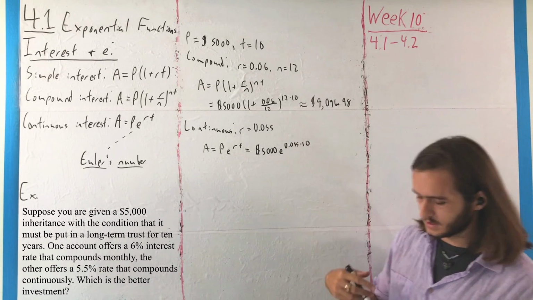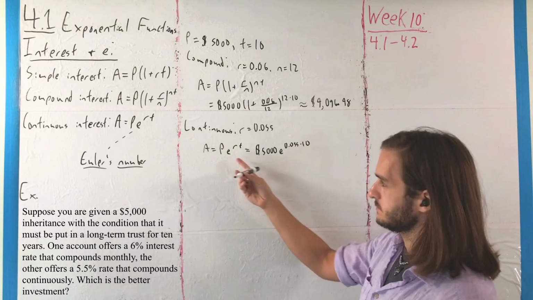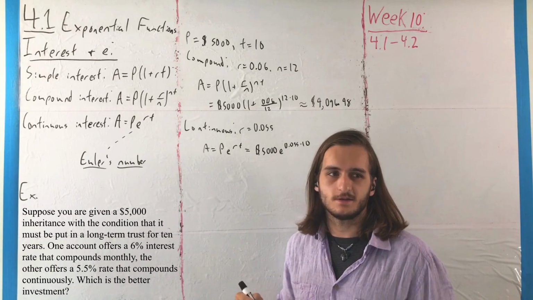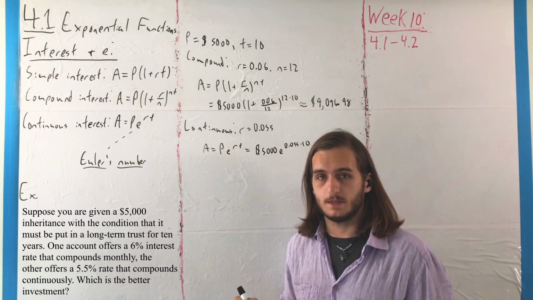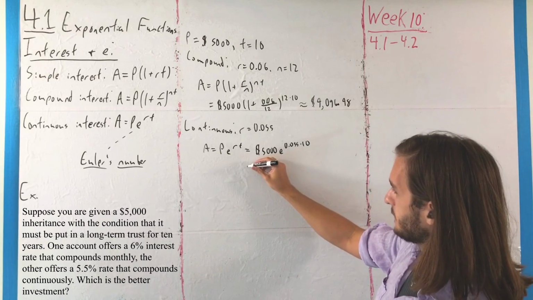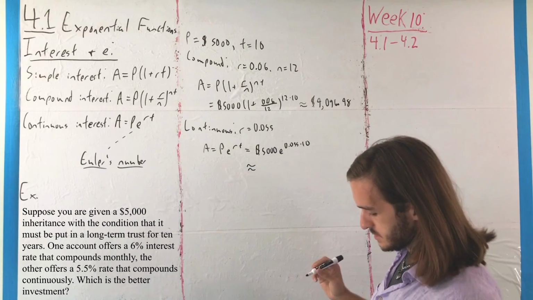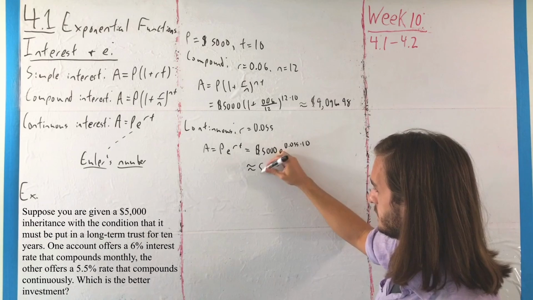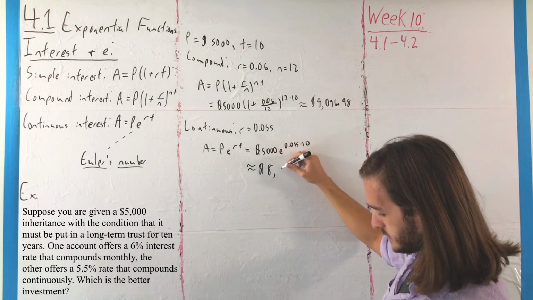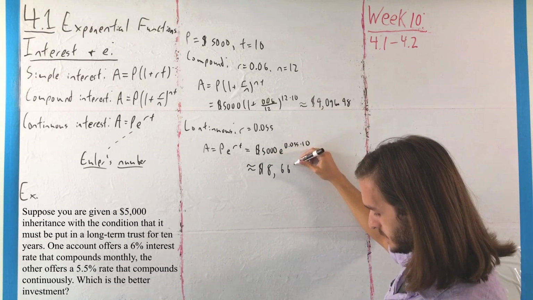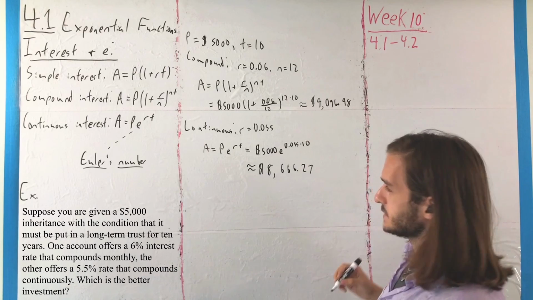So with this, if we plug that into the calculator, because you can't raise a number like e to any power in your head other than maybe 0 or 1, what you'd end up with is something like $8,666.27.